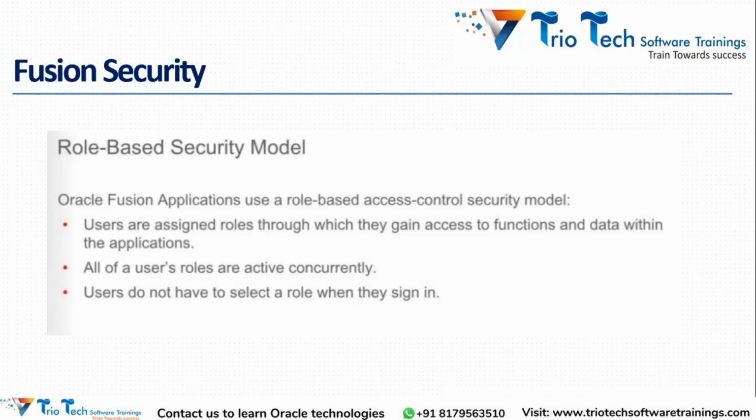Basically, in the E-Business Suite or the on-premise model, you had to do something called switch responsibility. If you had to navigate from one application to another, let's say from general ledger to accounts payable, you would have to switch the responsibility.